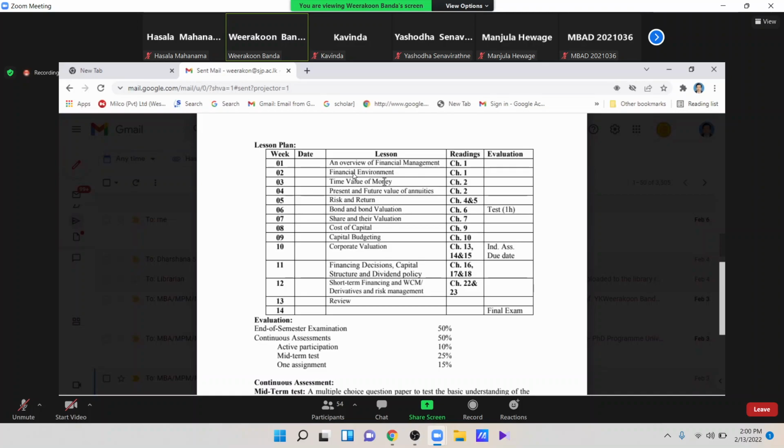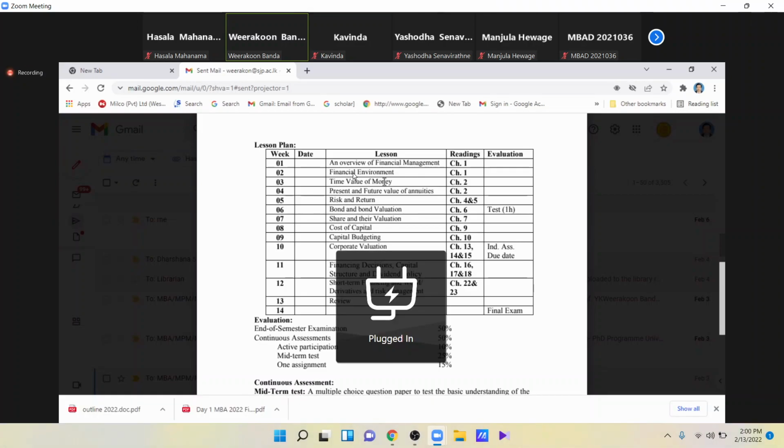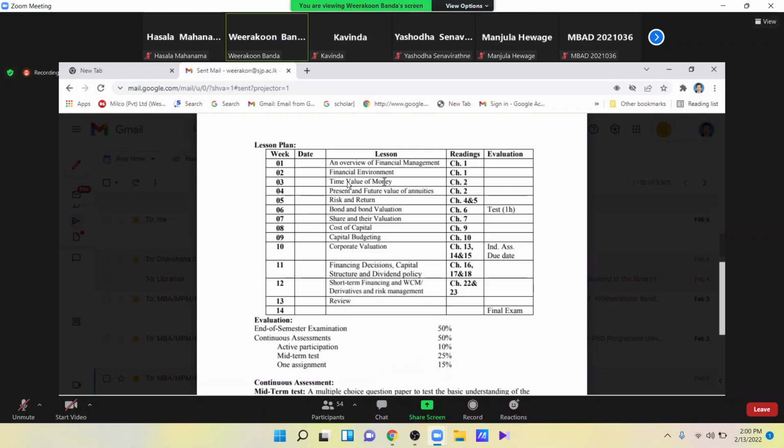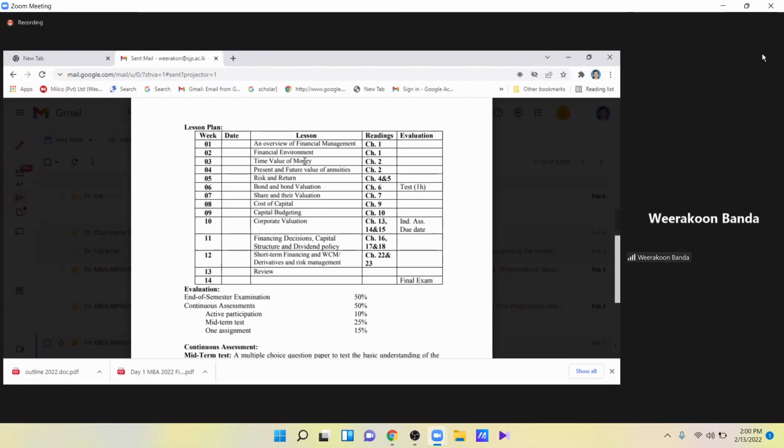So in all these cases, you have to evaluate that company. If you know the company value, then you can decide whether to merge or not, amalgamate, or do some acquisition. Likewise, you can decide appropriately. For that purpose, we have to make a corporate valuation.